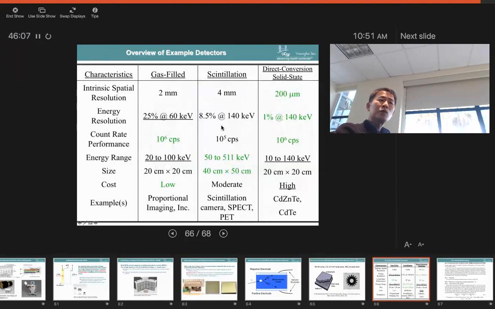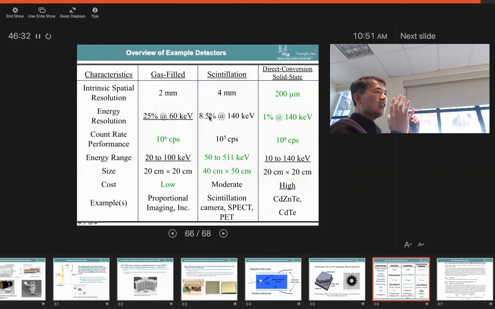But the most important thing about this comparison chart is energy resolution. The second property there. For scintillation material, even sodium iodide, we are talking about 8% energy resolution. I'll give you some more definition of energy resolution later. But the smaller number for energy resolution is really better energy resolution.